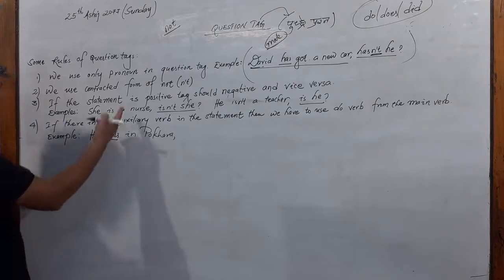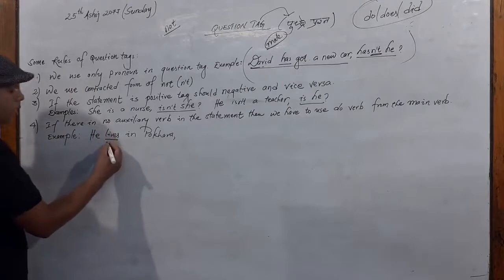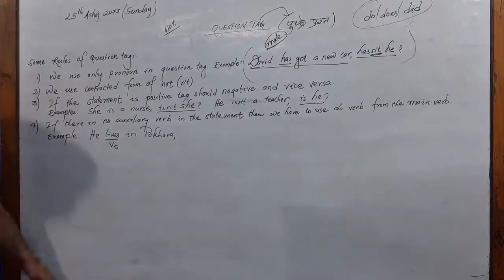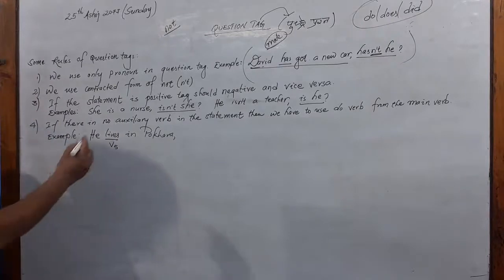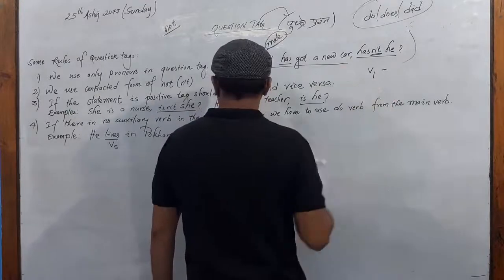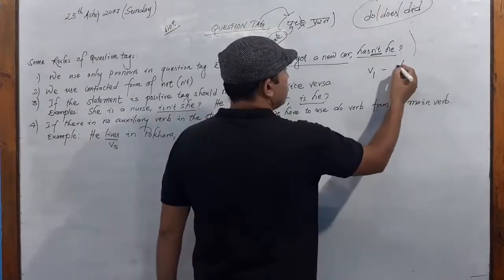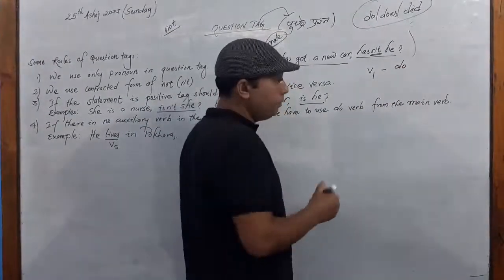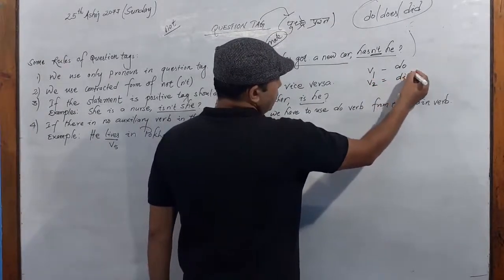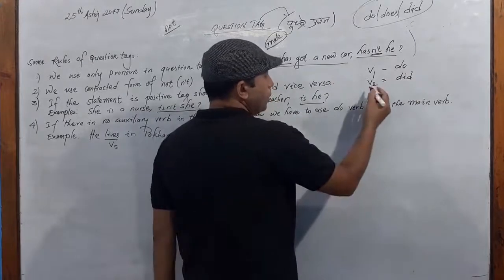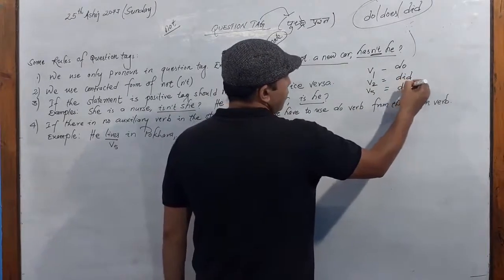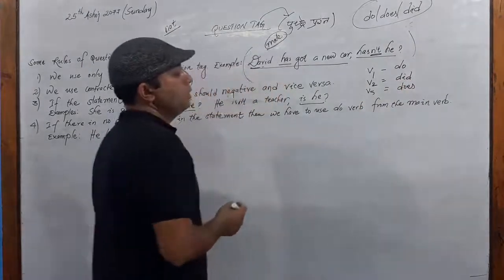So lives means this is which form of the verb? Verb 5 form of the verb. So if there is verb 1 in a main verb, then we have to use the do auxiliary verb. If there is verb 2, then we have to use the did auxiliary verb. And if there is verb 5, then the does auxiliary verb is hidden here.